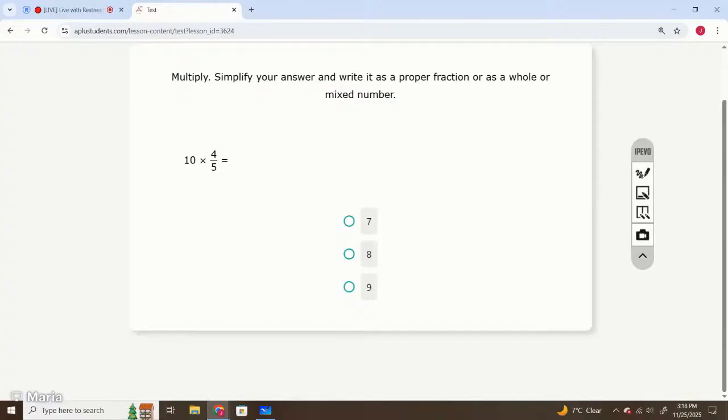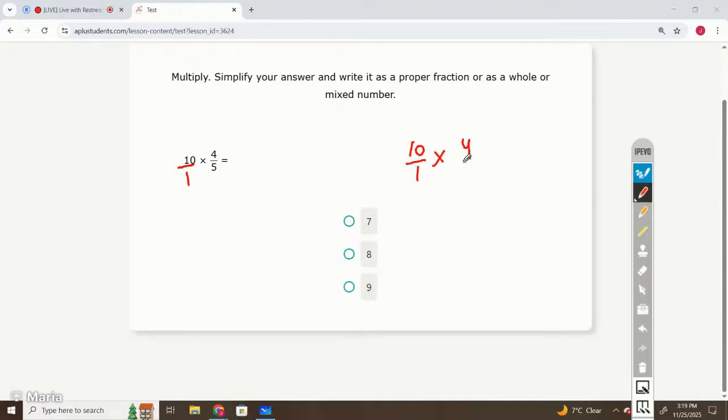Multiply. Simplify your answer. Write it as a proper fraction, as a whole, or mixed number. So you need to do numerator times numerator and denominator times denominator. 10 times 4 is 40. 5 times 1 is 5.